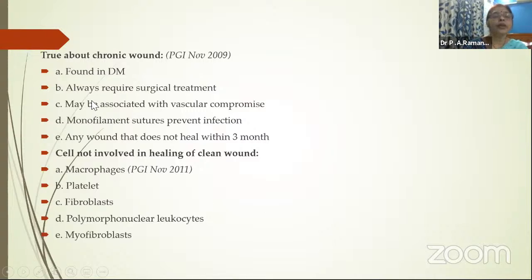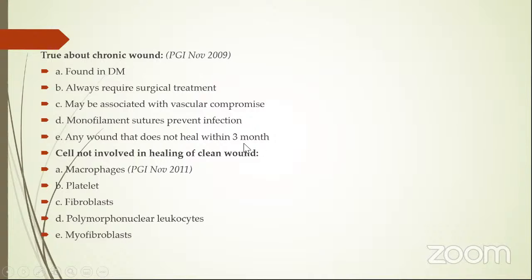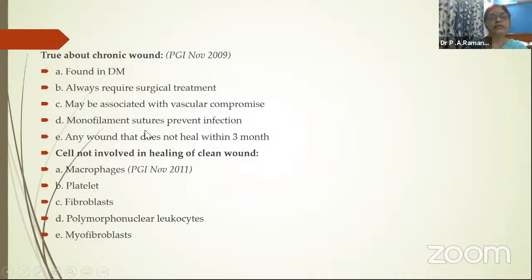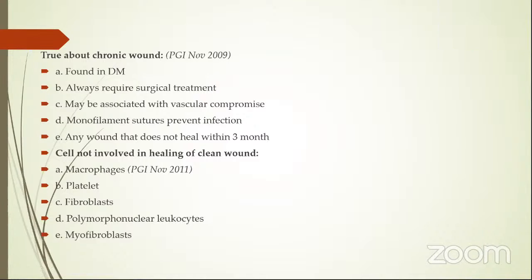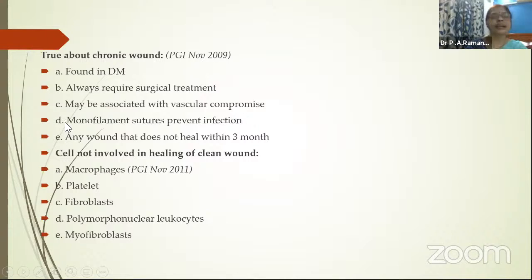Students, now true about chronic wounds. What are chronic wounds, students? Any wound that does not heal within 3 months. So 3 months. Next, monofilament sutures prevent infection. Yes or no? Yes, ma'am. So this is correct.